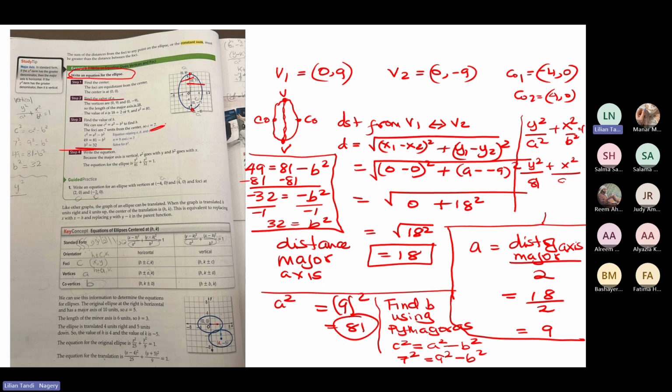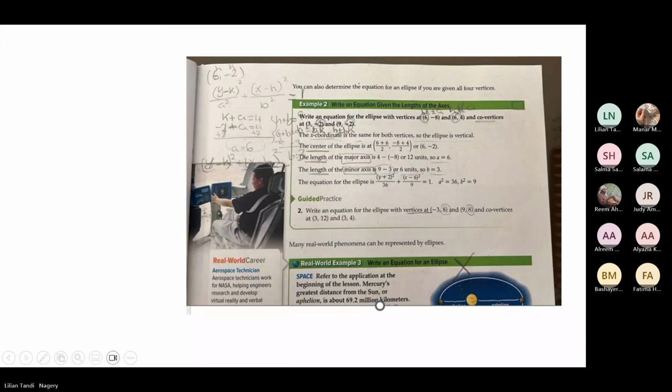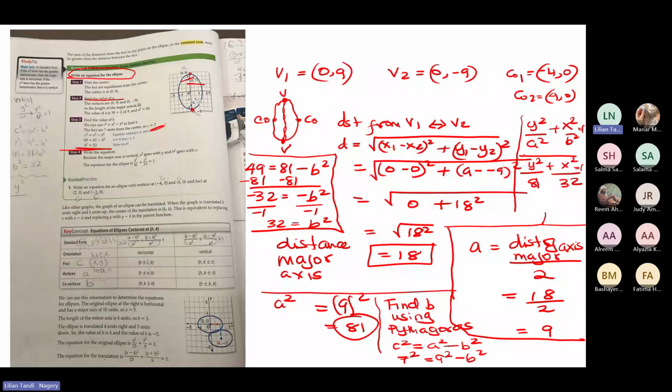B squared is 32, I put it over there. Equals 1. And this is my answer, which matches this one here. Do you see that?